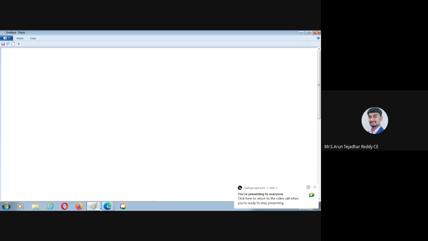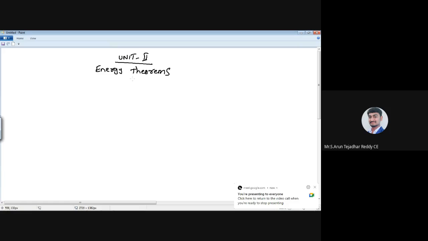All of you open your notebooks and start unit 2. In unit 2, they classified two categories. The first category is energy theorems, and the second category is three hinged arches.